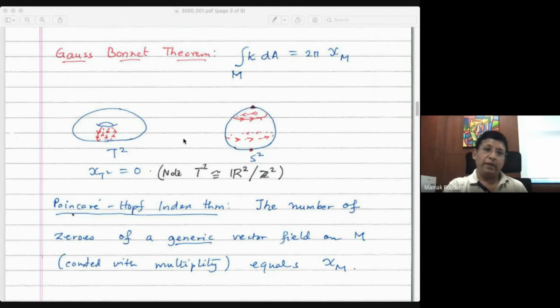And here I have drawn some vector fields for the sphere. I have these circles that are parallel to the equator, and you can take sort of unit length tangent vectors along these circles. So at every point, you'd have a tangent vector.